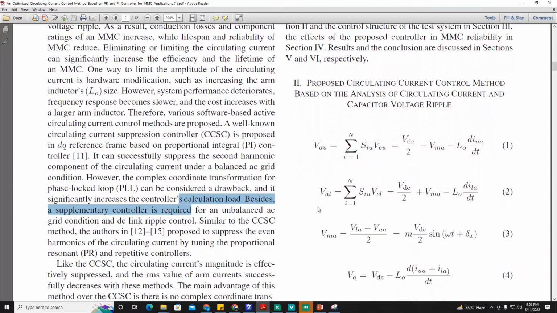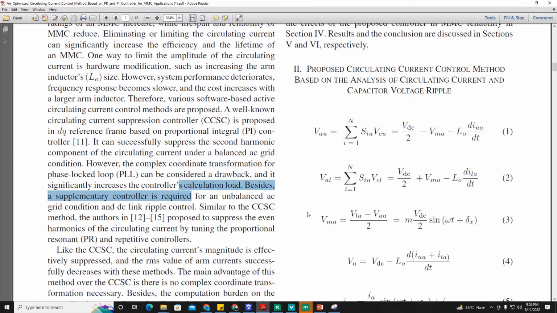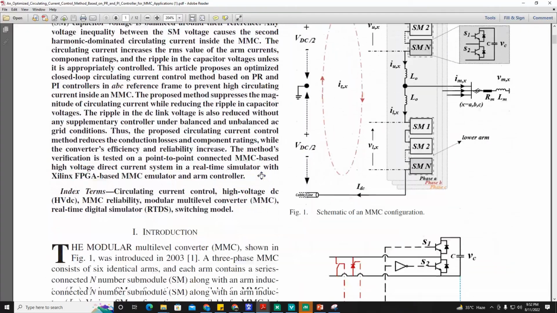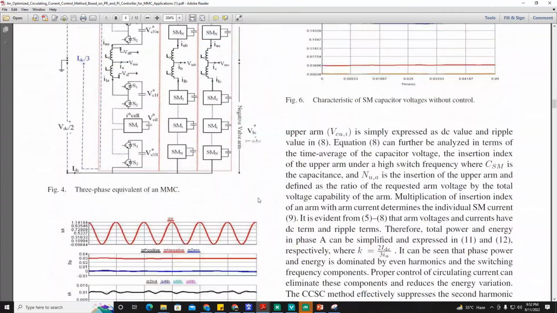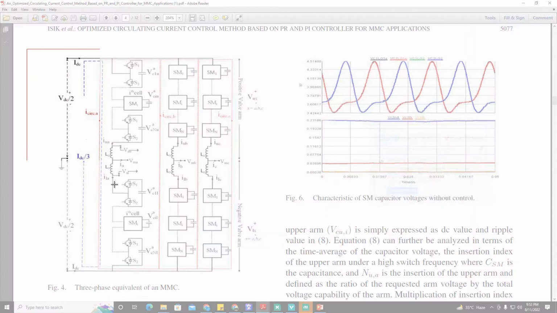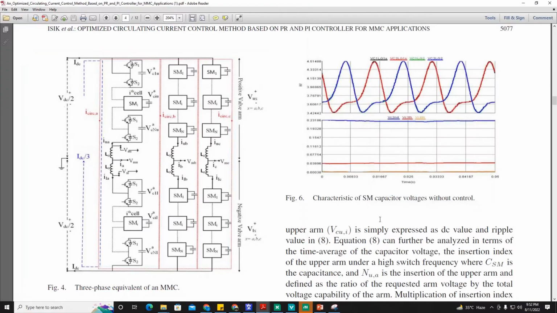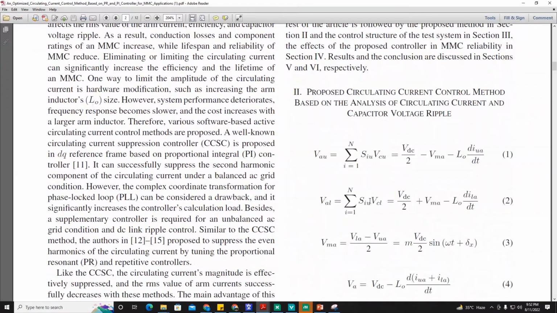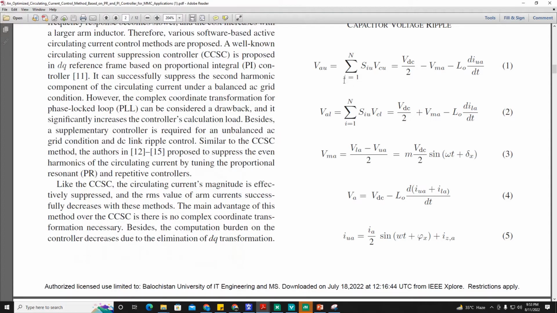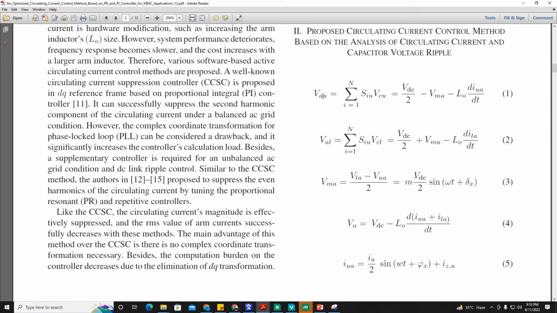Basically this is the model. The first thing that we are interested to see is the AC voltage, the terminal voltage AC.